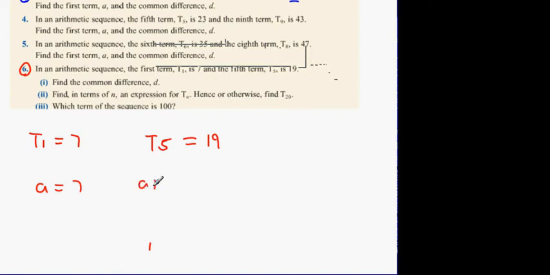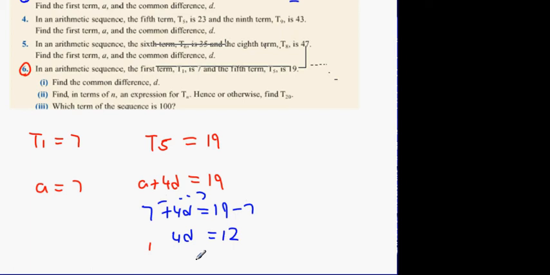T5 is A plus 4D because it's 1 less than 5. That equals 19. And now we know that A equals 7, so we can replace: 7 plus 4D equals 19. And then we can say that 4D equals 19 minus 7, which is 12. D therefore equals 3. So A equals 7 and D equals 3.